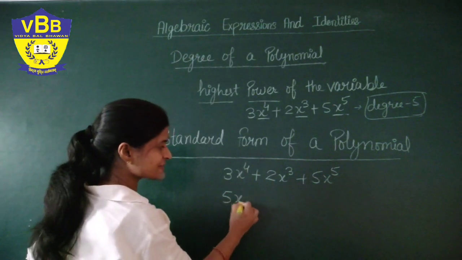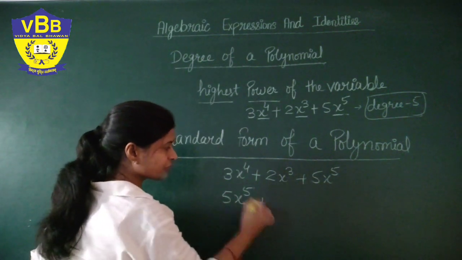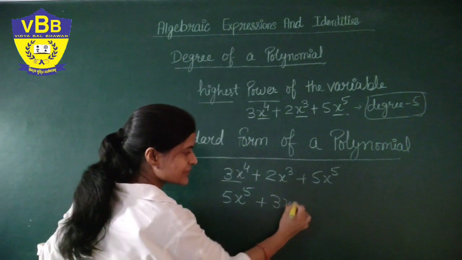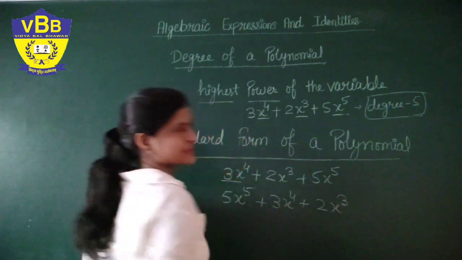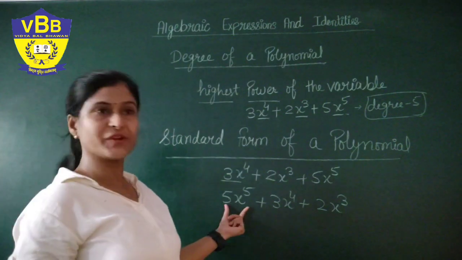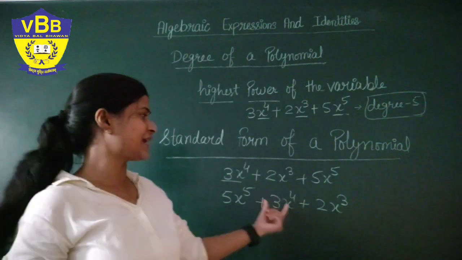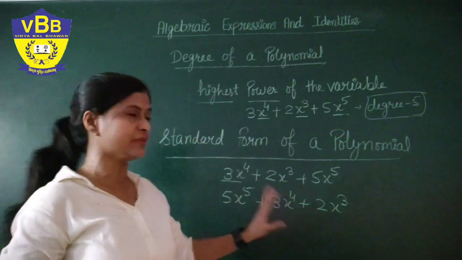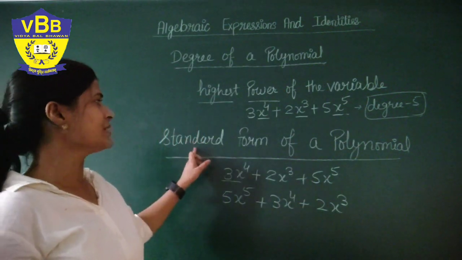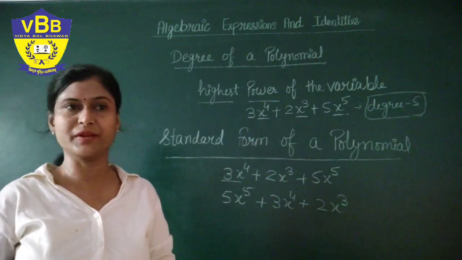It should be in decreasing order. After that, what will come? This power, 3x^4. After this, you will write the next decreasing order. First, you will write the highest power, after that the smaller. In descending order, you will write the powers. This is the standard form of a polynomial.